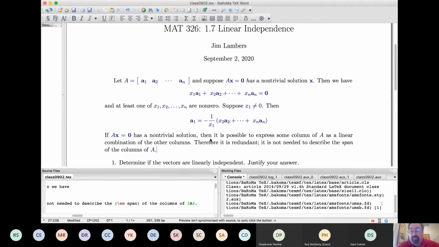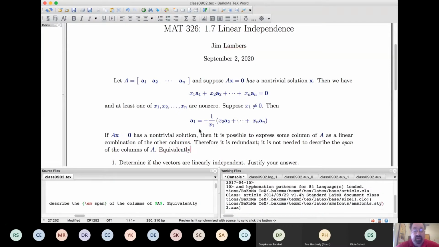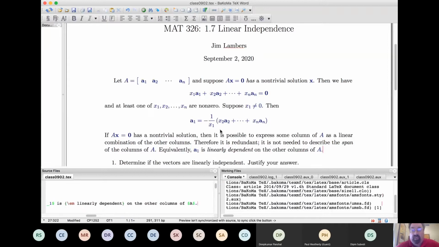So another way of saying this is, at least from this example, we say that A1 is linearly dependent on the other columns. So if I want to describe all possible linear combinations of the columns of A, I don't need to include this one.